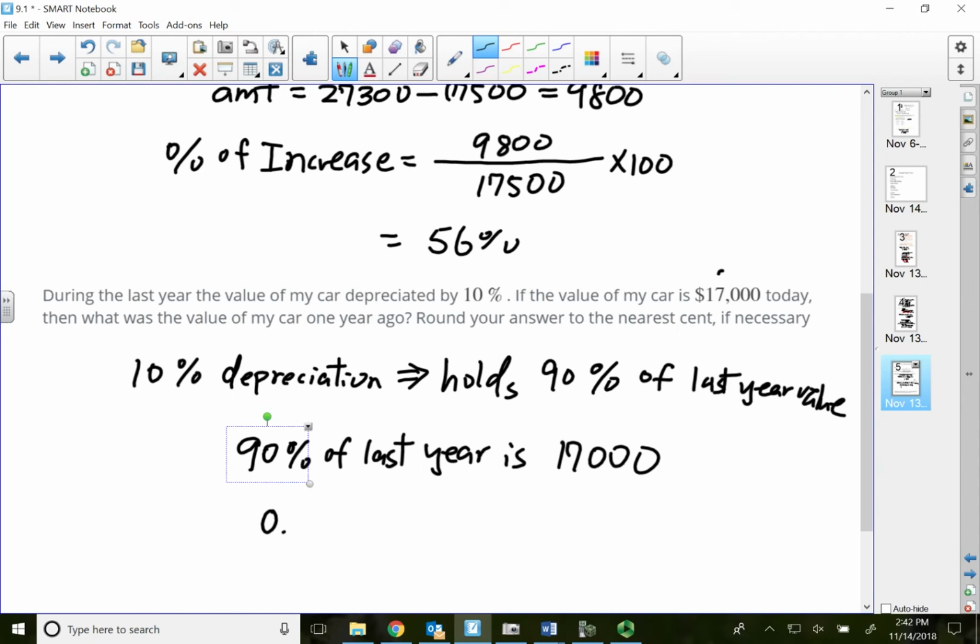So 90% of the value last year means 0.9 times x, which is what my car is worth today. This $17,000 is already after the 10% depreciation, which still holds 90% of the value. So all I have to do for this problem is divide both sides by 0.9.